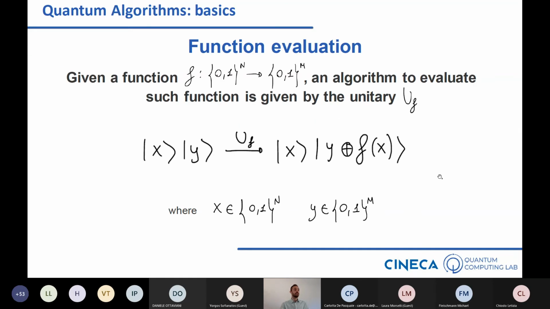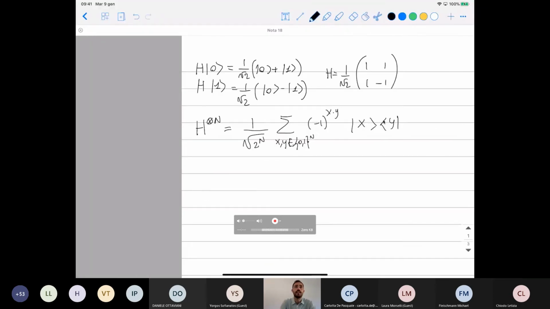Okay, so before going on with the complex quantum algorithm, write me in the chat if you have problems, or if you're with me with this. I suggest you write these functions here, the action of Hadamard, because it's going to be important.